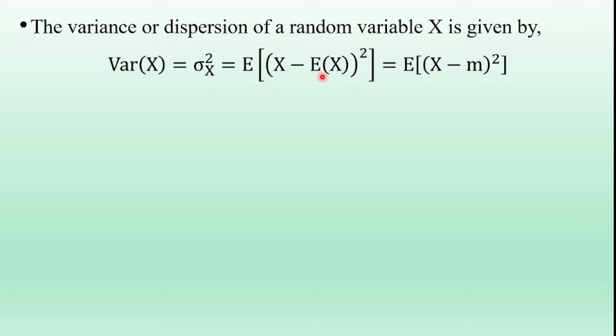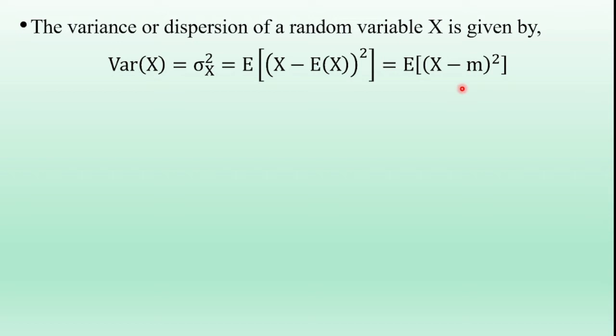The concept of expectation is already discussed in my previous video. So this expression is the variance of a random variable, that is, variance of X is equal to expectation of (X minus m) whole square.